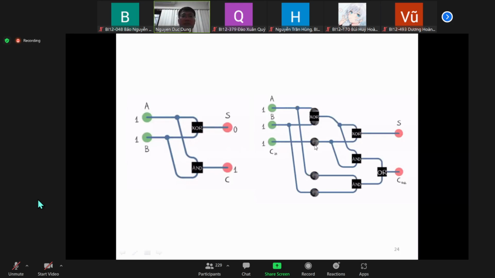It's much more complicated, and many different algorithms and structures have been proposed to efficiently do the calculation in binary numbers.